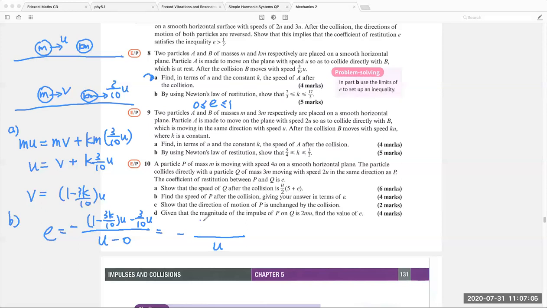In the numerator, you get 7. Of course, the u can be cancelled out in the equation. So then you can get 3k over 10 minus 7 over 10. That is the value of e. And then you use the inequality.